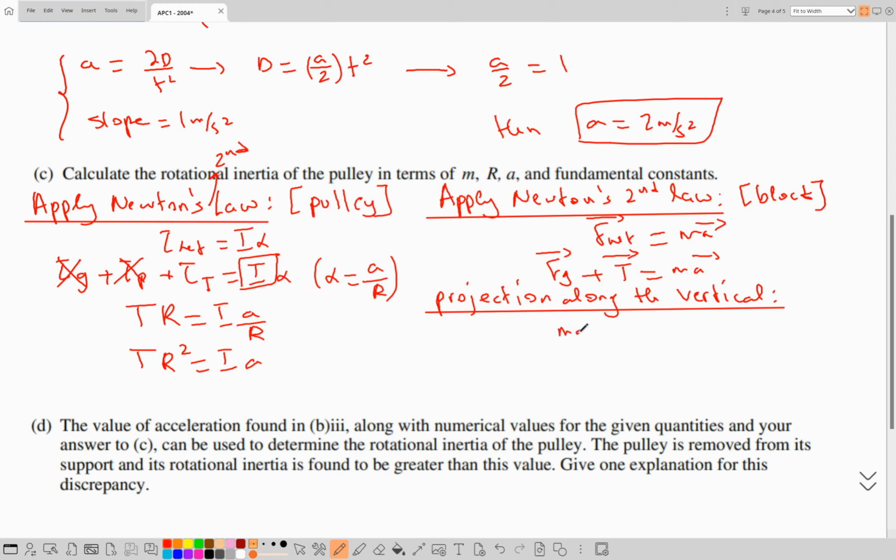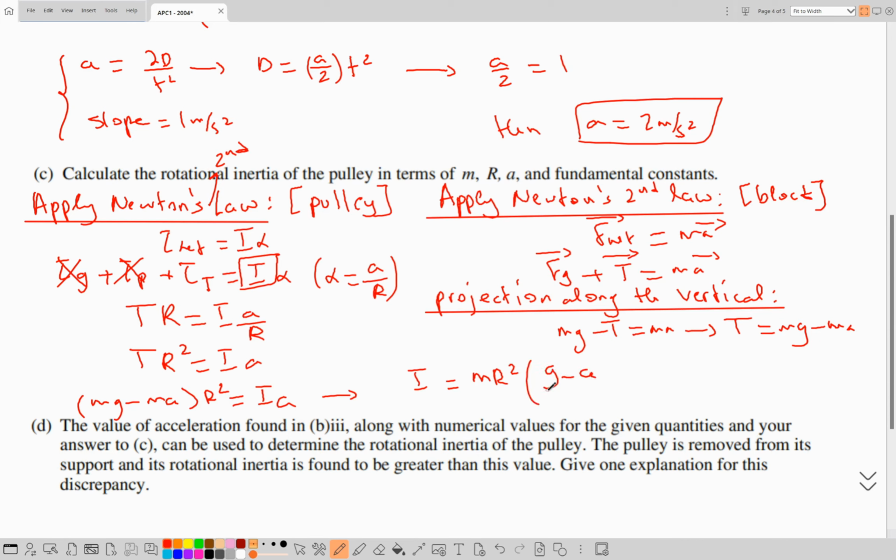Then mg is positive, the tension is negative, that would be equal to ma, and this directly gives us that the tension is equal to mg minus ma, and this is what we expect for the tension when an object is moving down. Now this expression will be replaced here, so we have mg minus ma multiplied by r squared is equal to I multiplied by a, and now we can isolate for I. Then I in this case is given by, factoring out m and r squared, mr squared multiplied by (g minus a) divided by a.